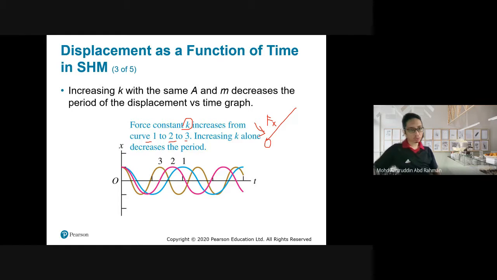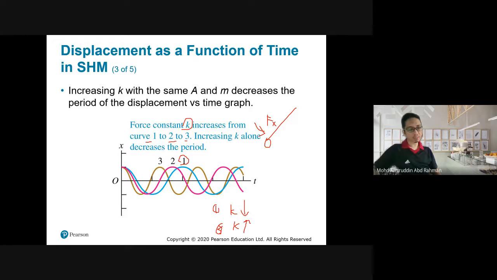Curve 1 has the smallest K, and you look at the third one, we have a higher K. So what is happening?